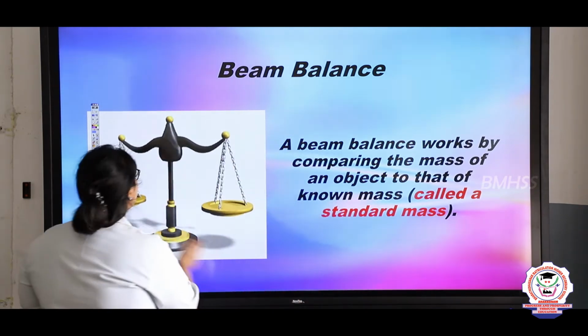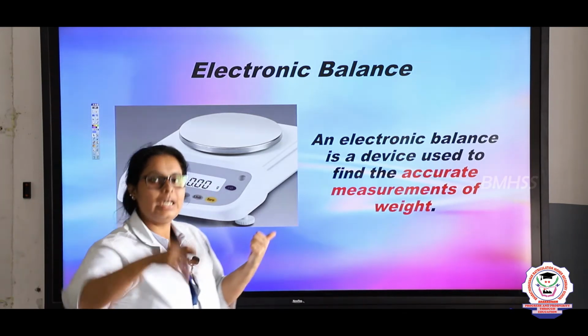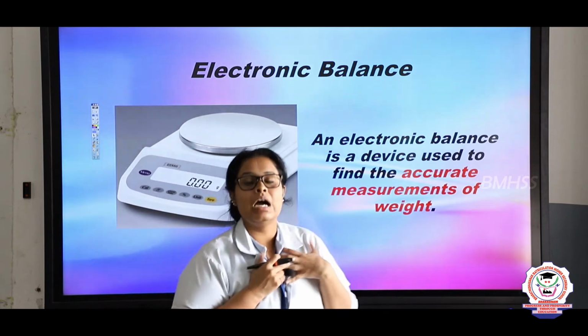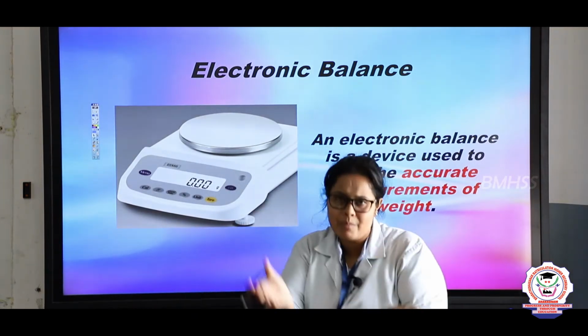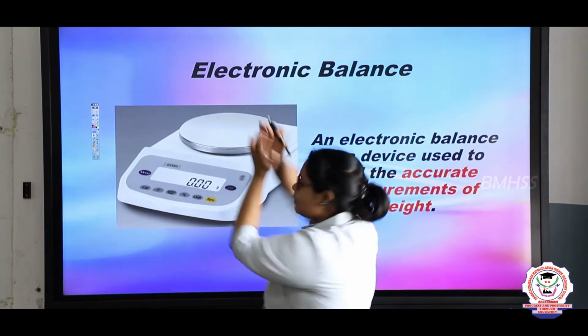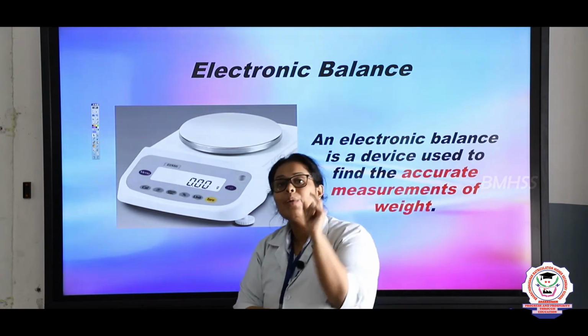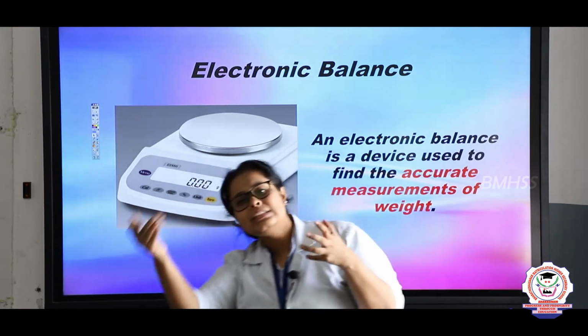In the same way, when we compare it with the electronic balance, here we don't need an additional weight, right? Here, if we need 1 kg of sugar, I will directly take some amount of sugar and keep it above this, and from this electronic balance you will get to know how much sugar you are taking. It can be excess or less.